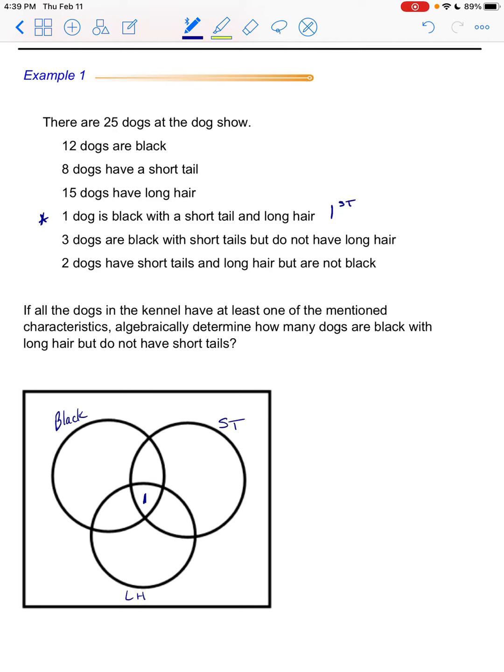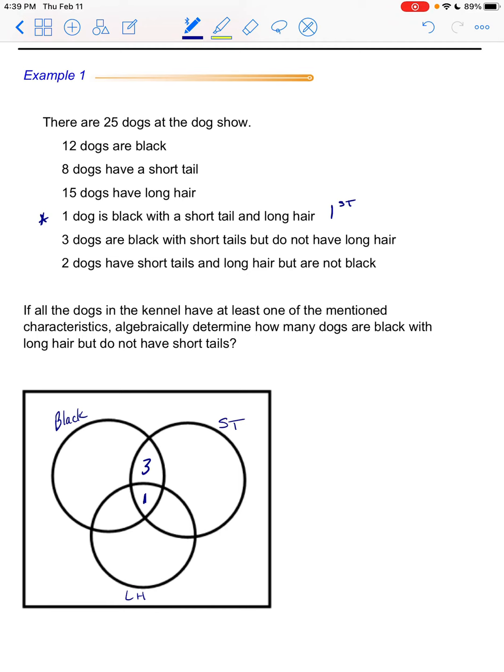Okay, so now we move on to, what's the next most restrictive? We have 3 dogs are black with short tails but do not have long hair. So we know everything we need to know about those. If they have short tails and they're black but not long hair, they would go there, right?